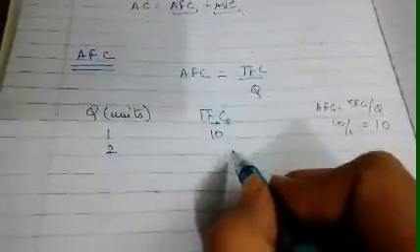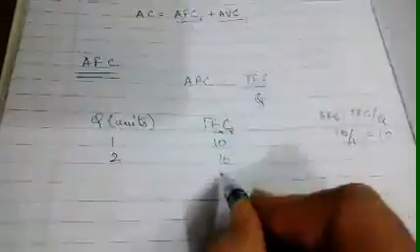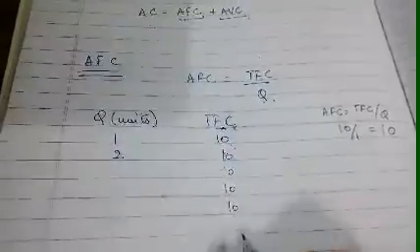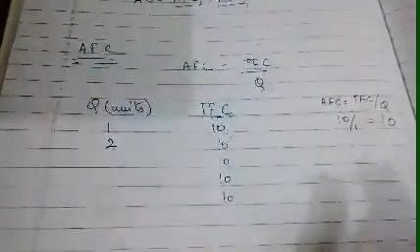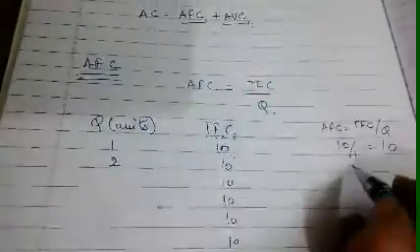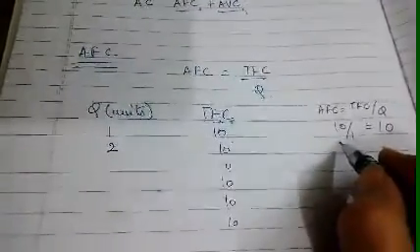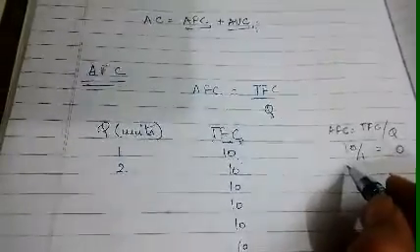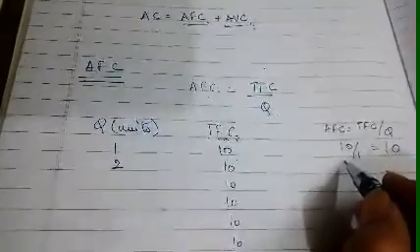Then if 2 units are produced, the fixed cost is the same every time, however many units you produce. It is calculated by dividing total fixed cost by the number of units produced.